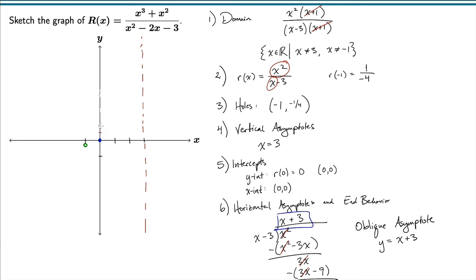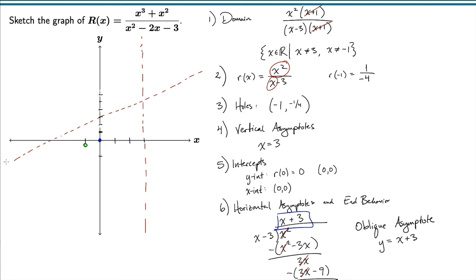So 1, 2, 3. We're going to go through this point right here, and then a slope of 1 now is going to go down like that. All right, so there are our asymptotes.